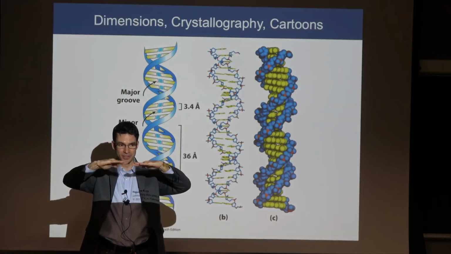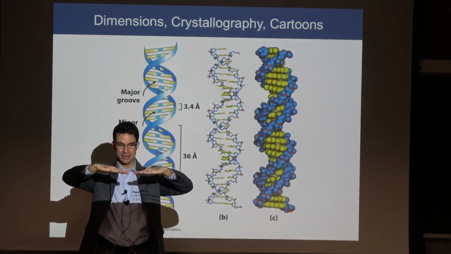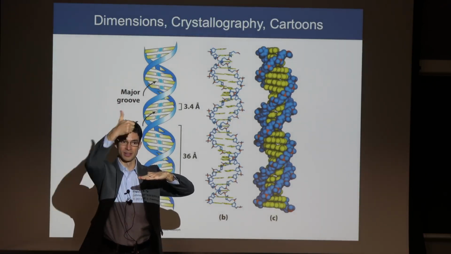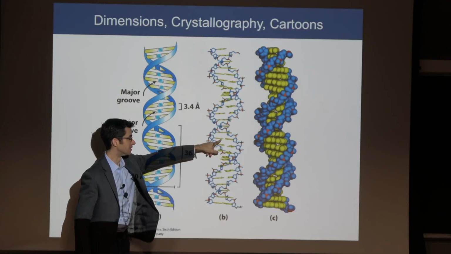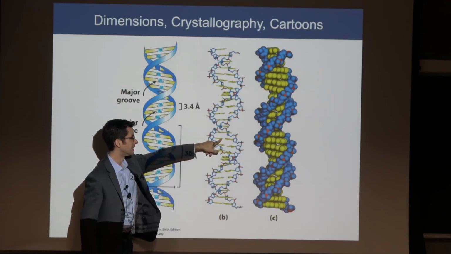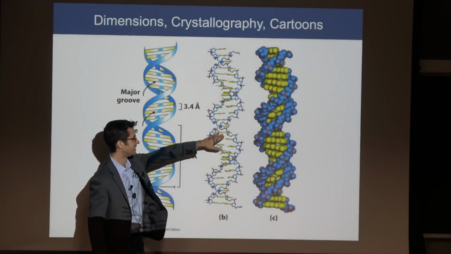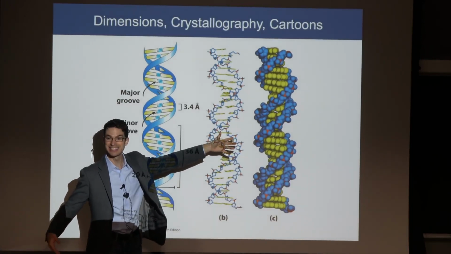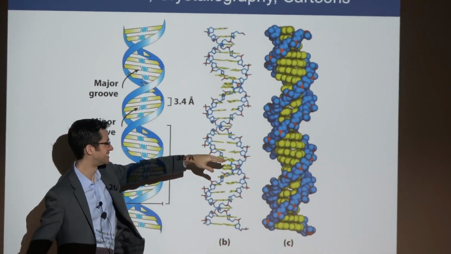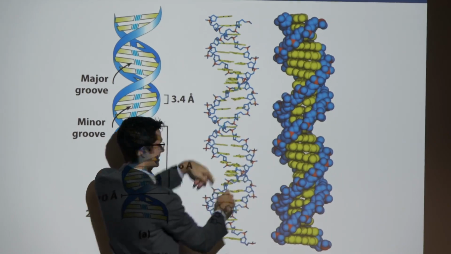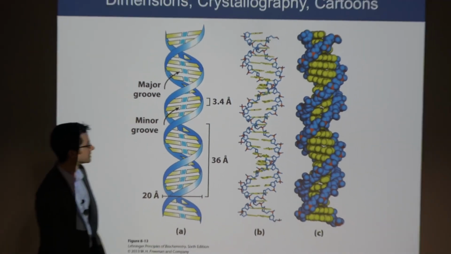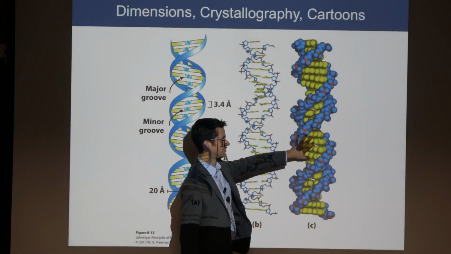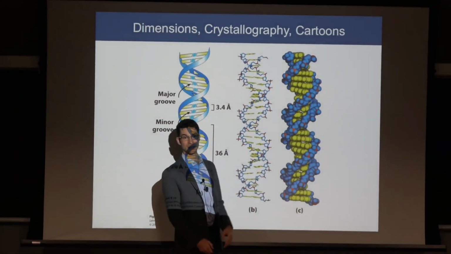So the flat molecules lie flat in a plane perpendicular to the helical axis, like this. The A's and T's and G's and C's line up like a staircase. And then this is sort of the van der Waals-ish space-filling model.